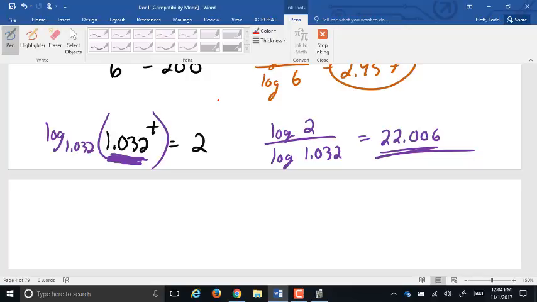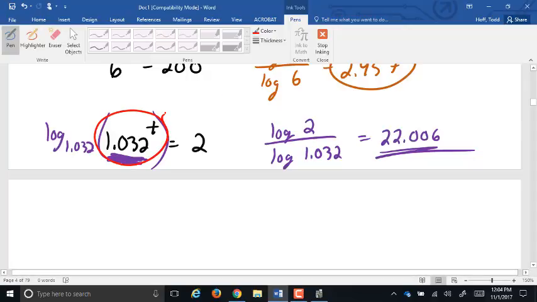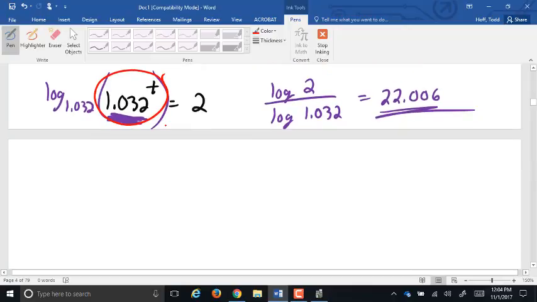Okay, perfect. Now this number right here might look familiar to you from Monday. We've talked about a lot since then. That 1.032 comes from a 3.2% increase.